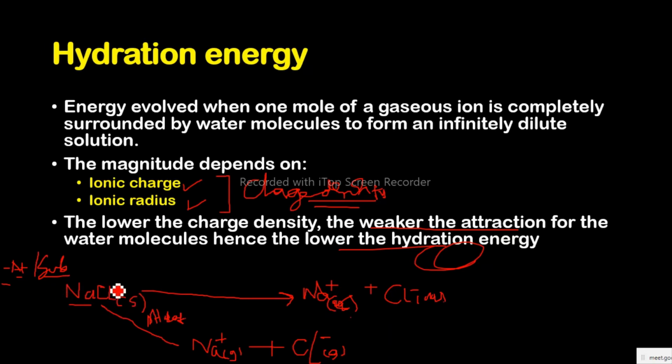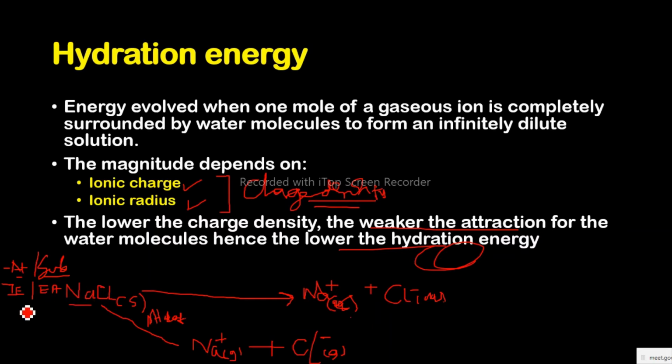Now after converting them into gaseous atoms, then they undergo ionization energy or electron affinity, depending on the element. If it is a non-metal, then it will undergo electron affinity. If it is a metal, then it will undergo ionization energy to form gaseous ions.